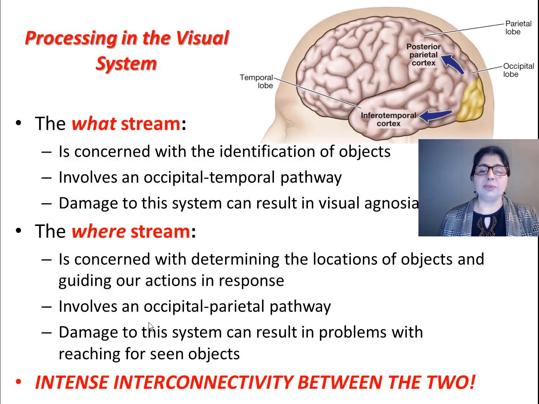Clearly then, there has to be intense interconnectivity between the what and the where streams, the ventral and the dorsal stream. While one is concerned with the identification of objects and involves the occipito-temporal pathway, and the other is concerned about location and spatial relationships, to have a coherent perceptual whole, we want to be able to integrate all of this information, and that has to come from very intense connectivity between these two.